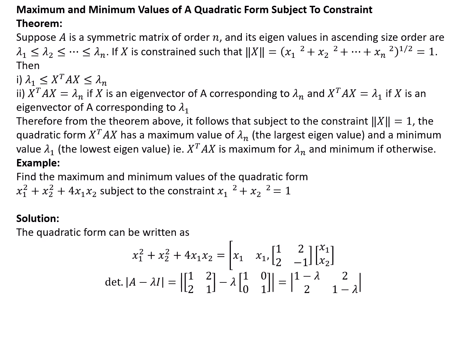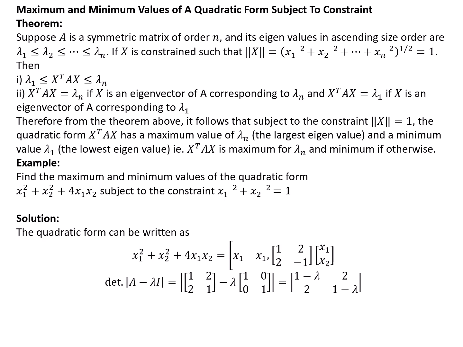When you open up the bracket and multiply, you will have 1 minus lambda, then 2. Second row, you have 2, then 1 minus lambda. The coefficient of x2 squared is 1, not minus 1. That is why we have 1 minus lambda on the other side.